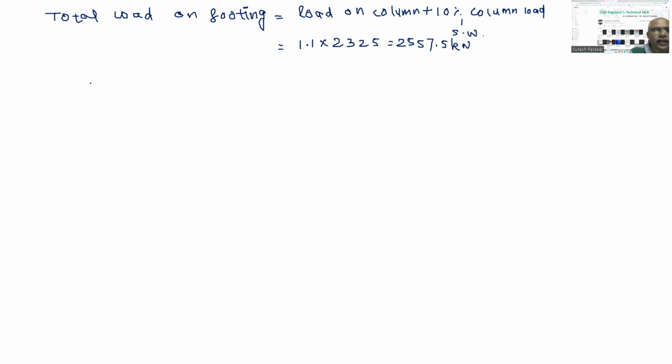Now we know the ultimate SBC, and therefore the area of footing required is equal to total load divided by ultimate SBC.